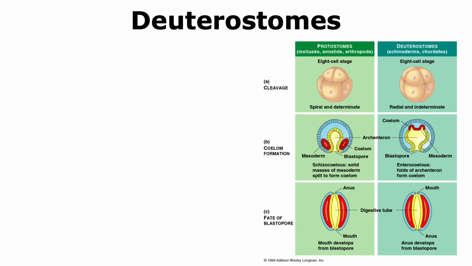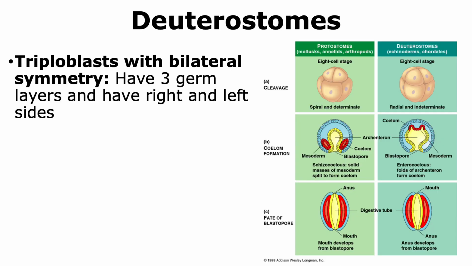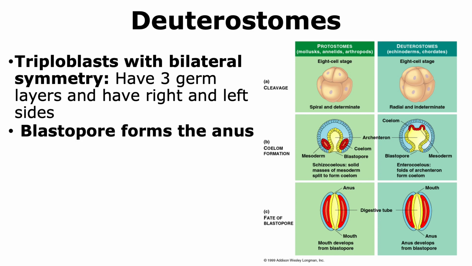Let us now look at deuterostomes, which are also triploblasts that have bilateral symmetry, which means they once again have three germ layers and have the right and left sides, which is similar to protostomes. So what's the difference between deuterostomes and protostomes? It is when the mouth appears.